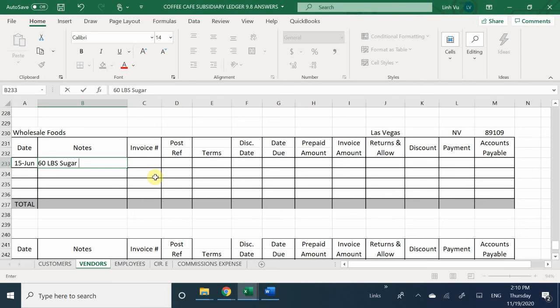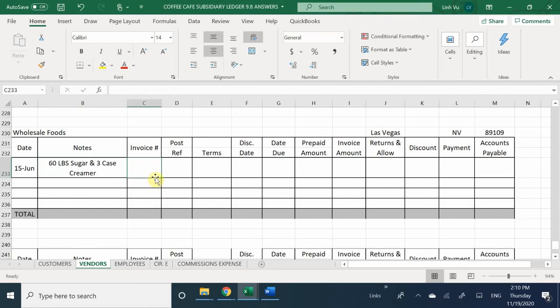So I'll just put 60 pounds sugar, 3 cases of creamer. And there was no invoice number. No terms. Post reference, journal 5. No terms because we bought it in store. Right, no due dates, anything like that, no prepaid amount.